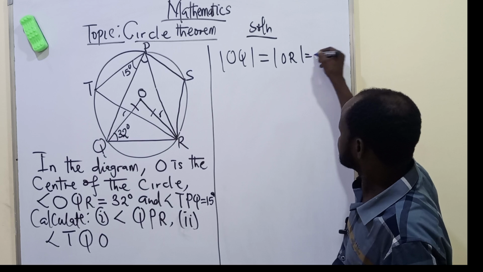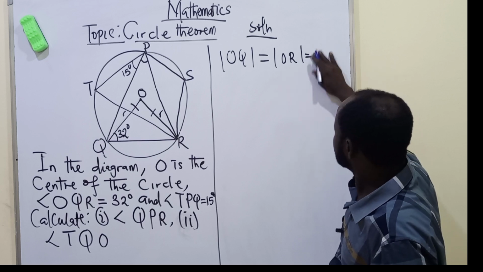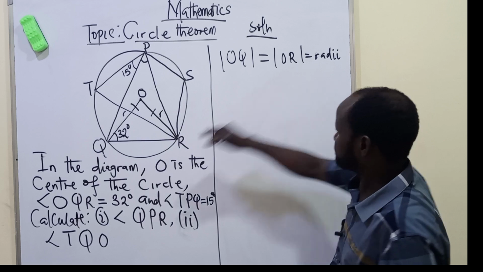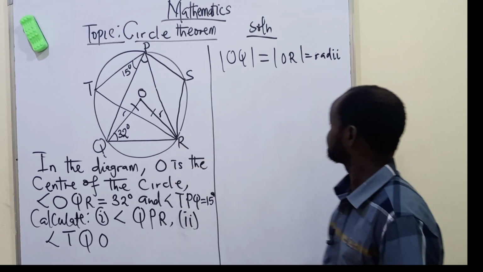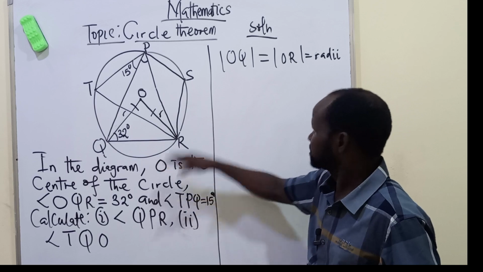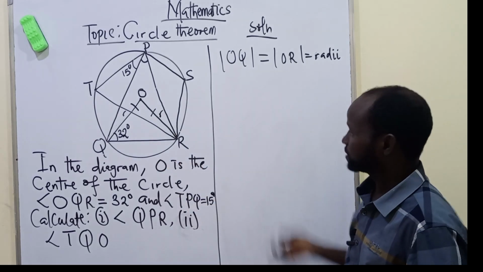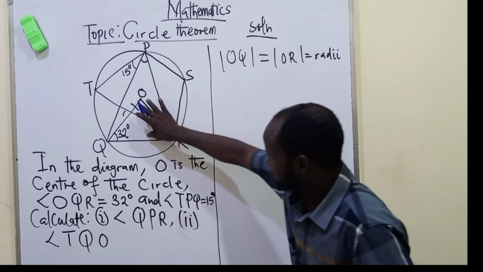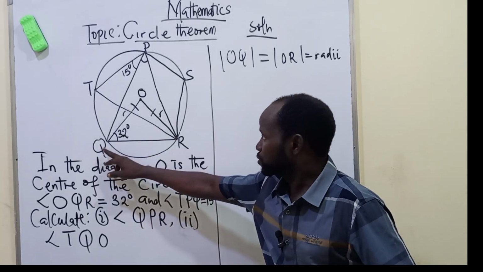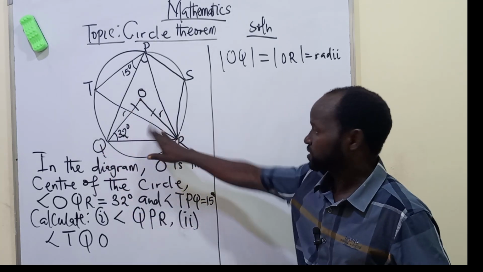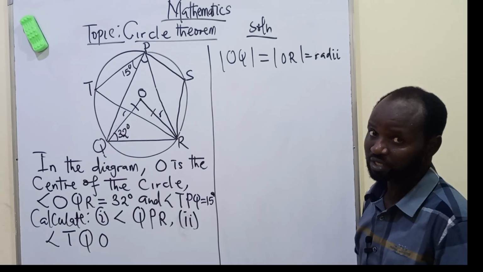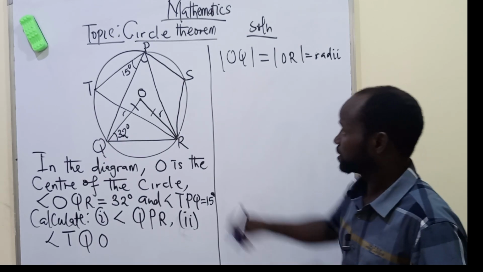The reason is these are radii, that's the plural of radius. They are of equal length. So this is an isosceles triangle. So triangle QOR is an isosceles triangle, and base angles of an isosceles triangle are equal.